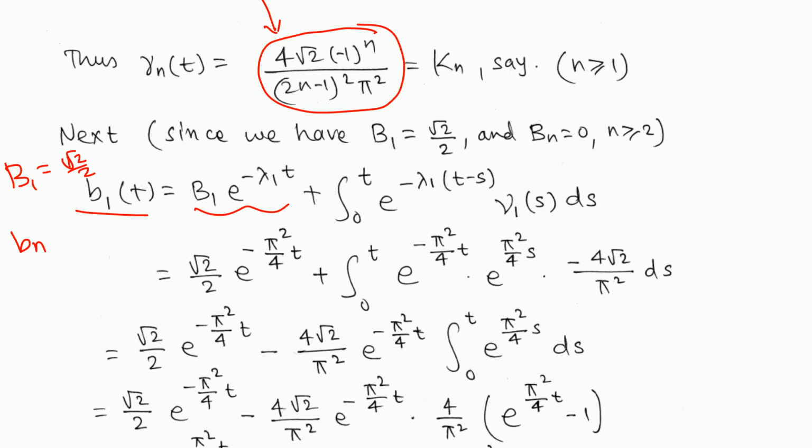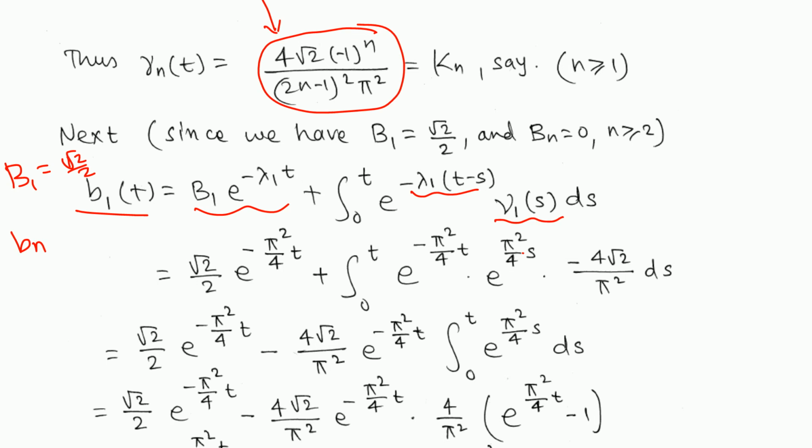Take n equals 1, lambda 1 is pi squared over 4, t plus here again lambda 1 is pi squared over 4, and I have separated into two, e raised to negative lambda 1 t, that part, times e raised to negative lambda 1 times negative s, just lambda 1 s, and lambda 1 is pi squared over 4, the first eigenvalue, s times this one we found earlier.